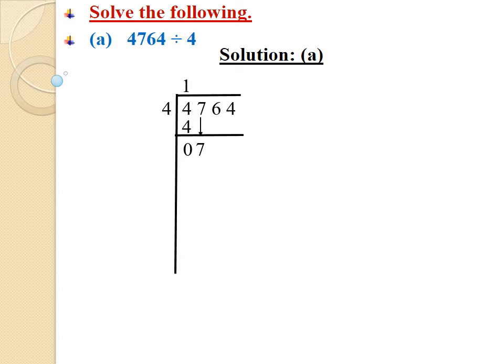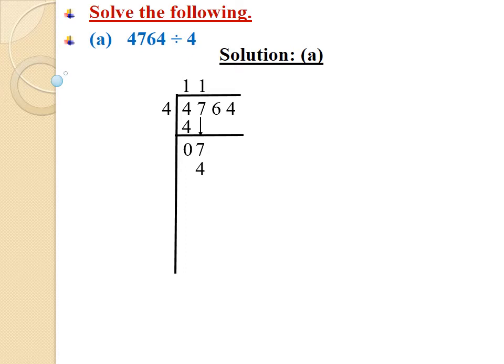So, we have to take 4 and we have to write second factor 1 in the quotient, and the product 4 down, that is below 7. Now, we have to subtract 4 from 7.